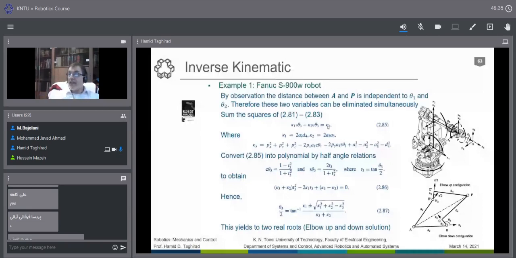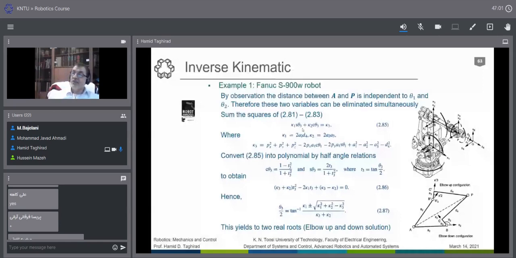Now we have an equation only as a function of theta 3. This is not equal to 0. If it was equal to 0, we could easily use an arctangent here. This is equal to a non-zero variable, and we can use a half tangent relation, as I mentioned in the last session.